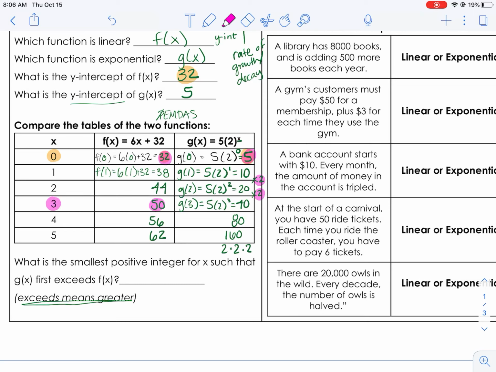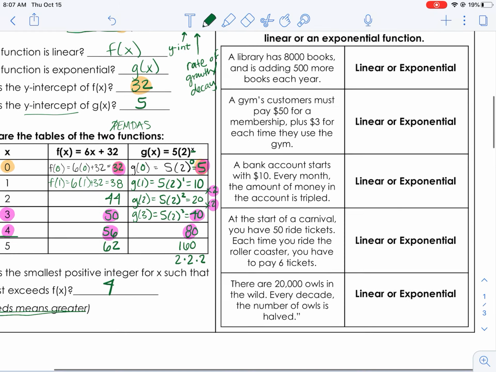So when x is 3, f of x is 50, g of x is 40. It's still bigger. But when we get to 4, things change. So f of x is 56, but g of x is 80. 80 is larger than 56. So the smallest positive integer for x such that g of x exceeds f of x is 4. So because at 4, g of x is bigger than f of x.